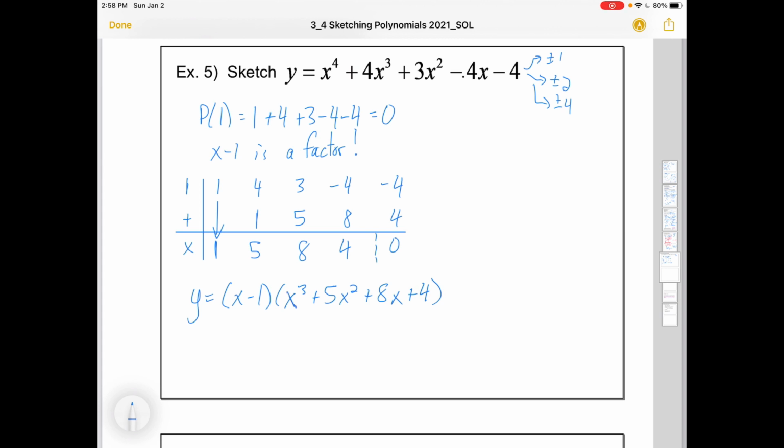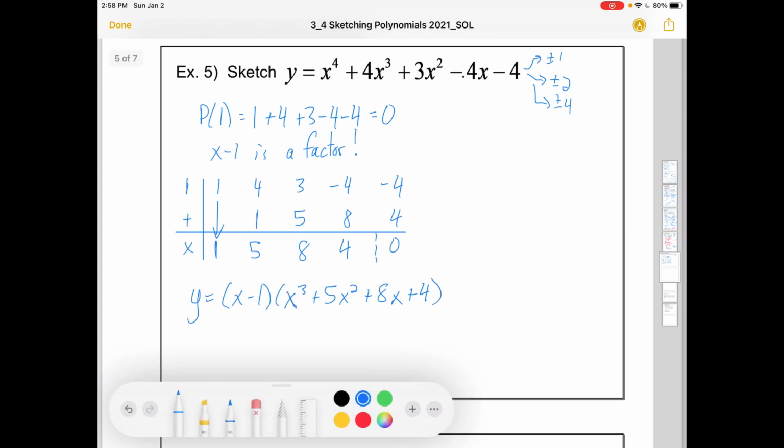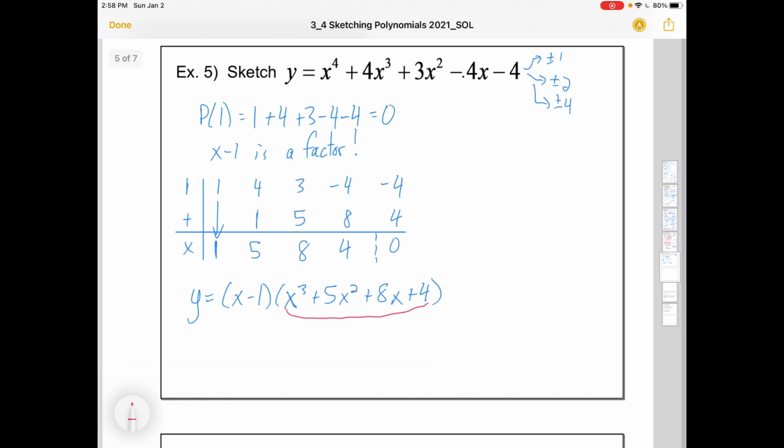Now, for the sake of completeness, I could try 1 again in this new polynomial, but I can see right away they're all positive. It's not going to work. Let's try negative 1. That would give me negative 1 cubed plus 5 times negative 1 squared plus 8 times negative 1 plus 4, because I'm thinking about factors of 4 again. That final number has not changed.